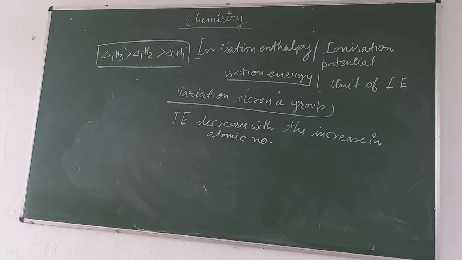On moving down the group, the number of inner shell electrons increases. These inner shell electrons increase the shielding effect. Electrons of the outermost orbit are attracted towards the nucleus by lesser force. Therefore, ionization enthalpy decreases in a group.